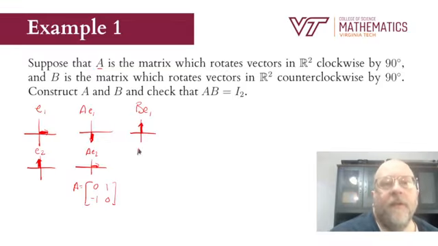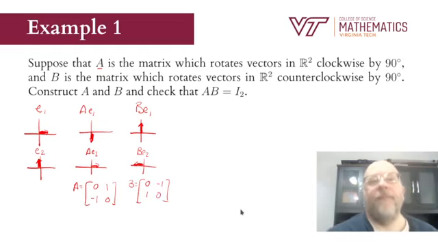And when we rotate E2 counterclockwise, it's now pointing to the left. And so B should be the matrix. Pointing straight up is 0, 1. Pointing to the left is negative 1, 0. And so these are the transformation matrices for A and B.